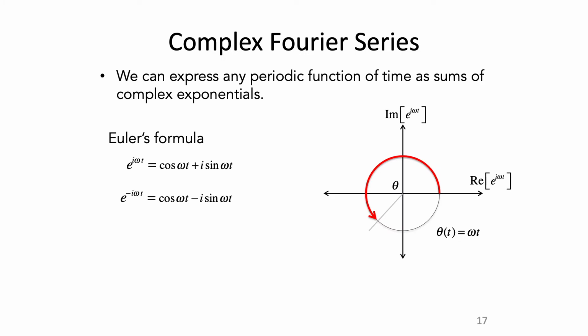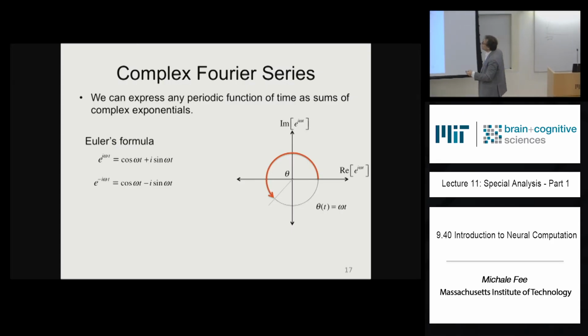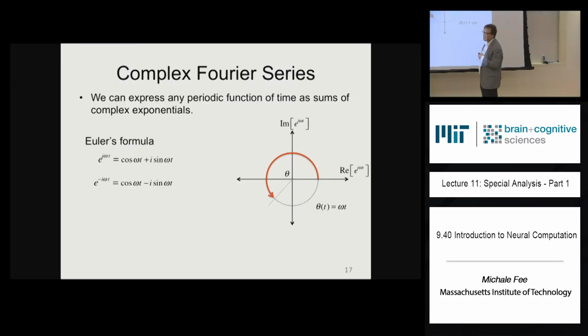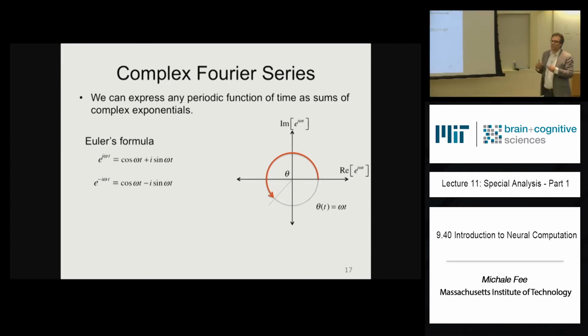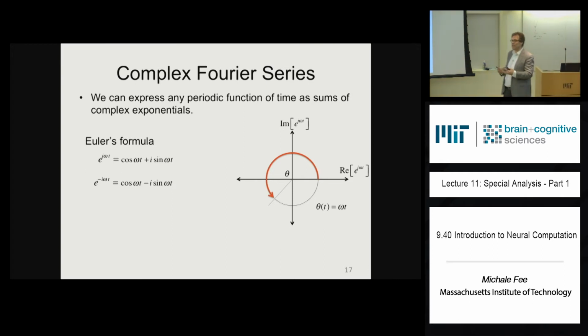So you probably recall that you can write down a complex exponential e to the I omega t as cosine omega t plus I sine omega t. All right? So e to the I omega t is just a generalization of sines and cosines.